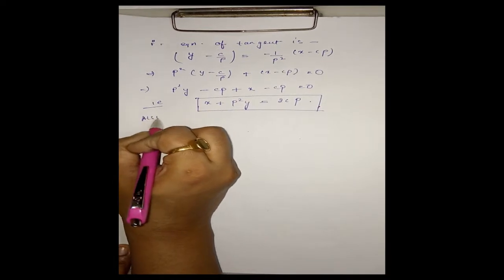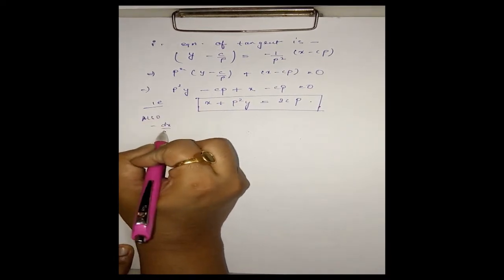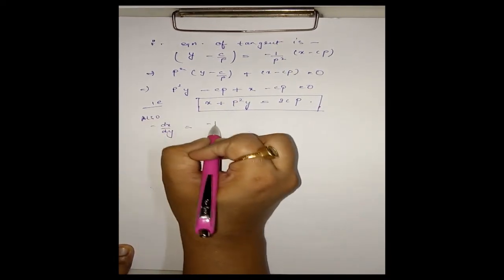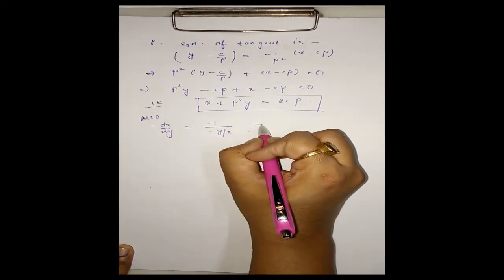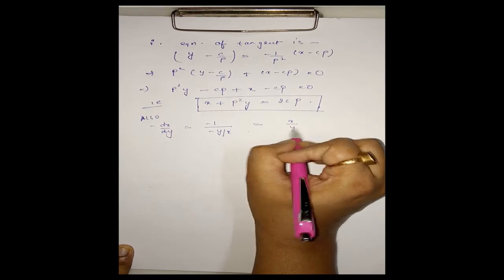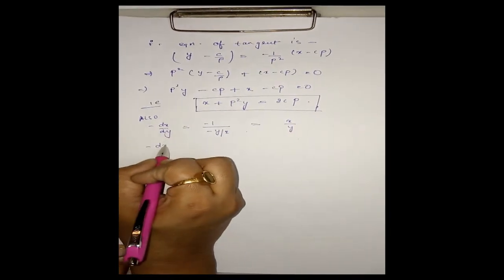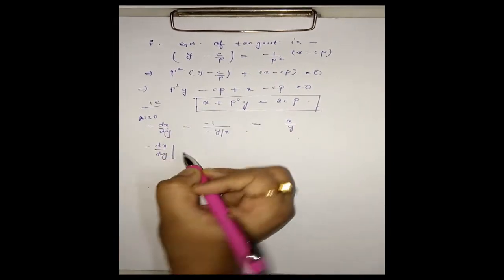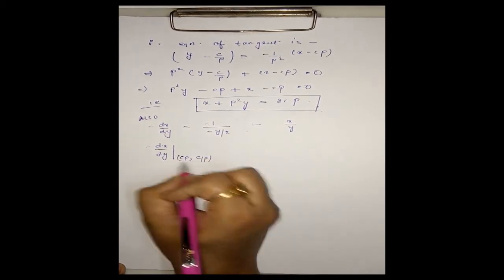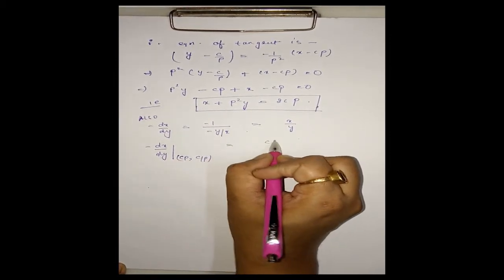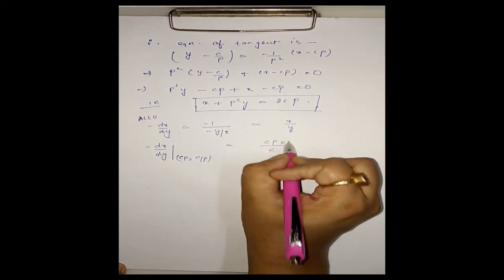Also, minus dx by dy is equal to minus 1 upon minus y by x. This is equal to x by y, and minus dx by dy at the point cp, c by p is equal to cp by c into p.